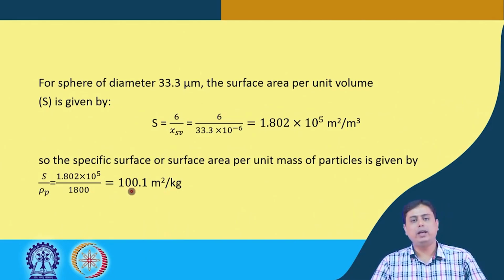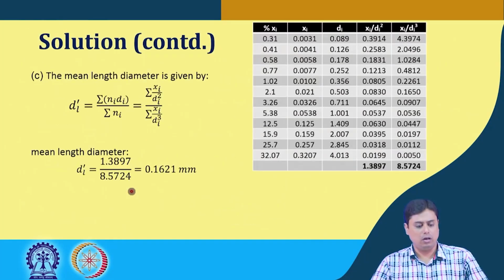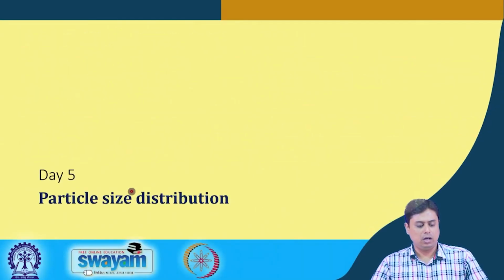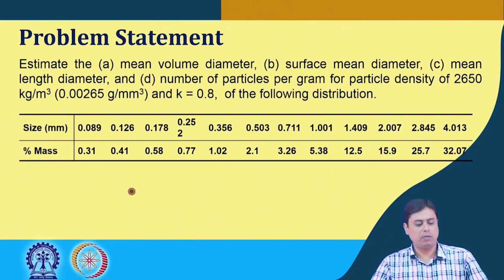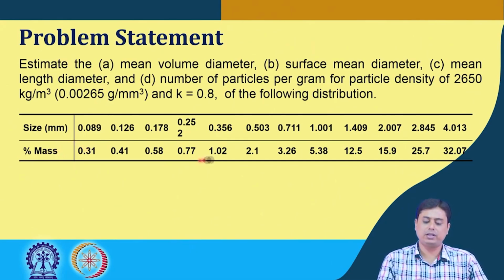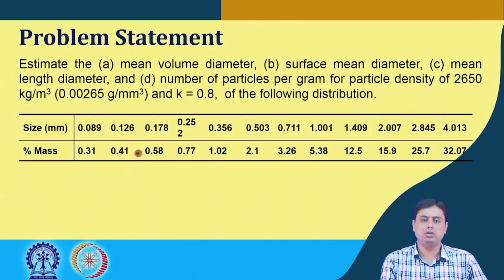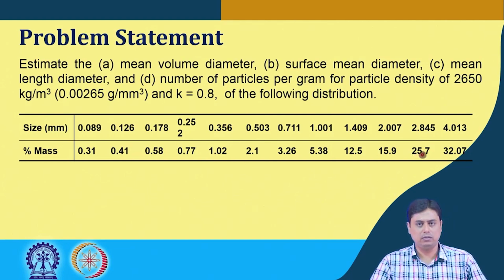So, what we have learned today? We have seen two problems. Let me quickly summarize, or go through once again, both the problems. So, the first problem was, particle size distribution in terms of mass fraction was given.